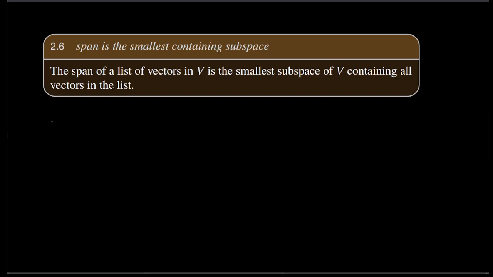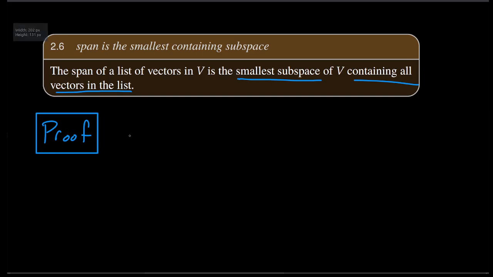Span is the smallest containing subspace. So if you take the span of a list of vectors, it is the smallest subspace containing all of those vectors in the list. Let's prove it. So first things first, let's notice some stuff.